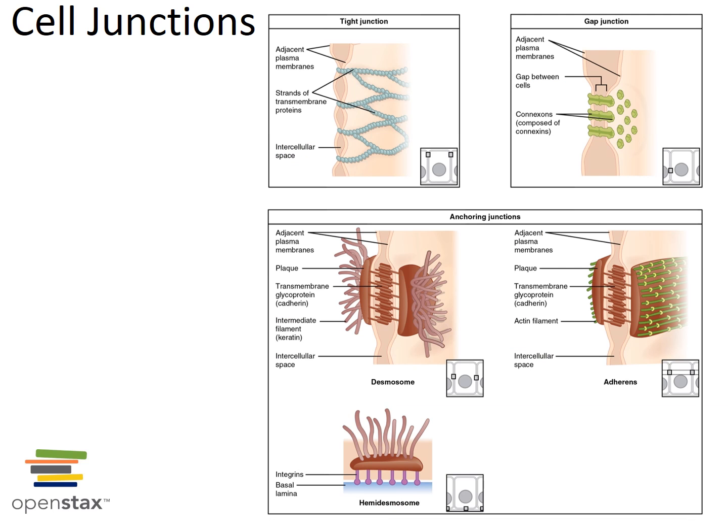Now, there are various types of cell junctions that connect tissues together. There are tight junctions, gap junctions, and anchoring junctions.